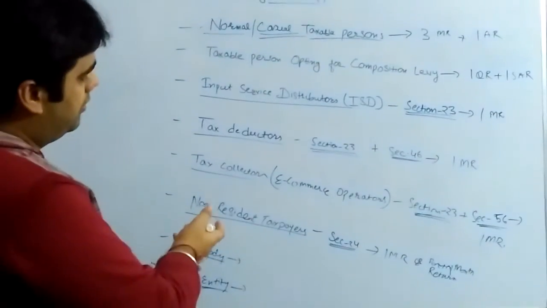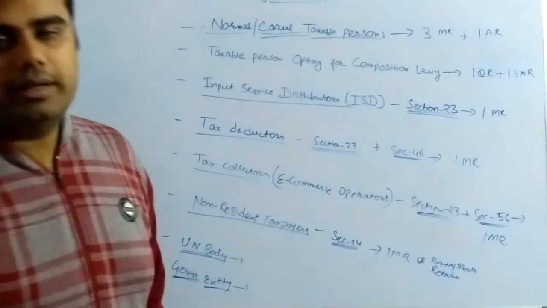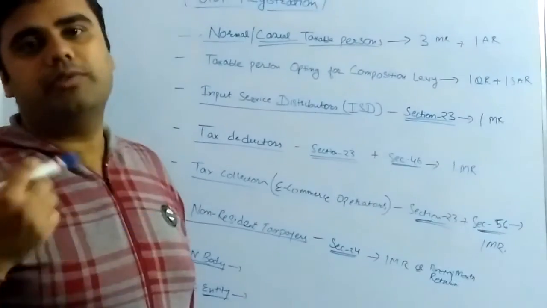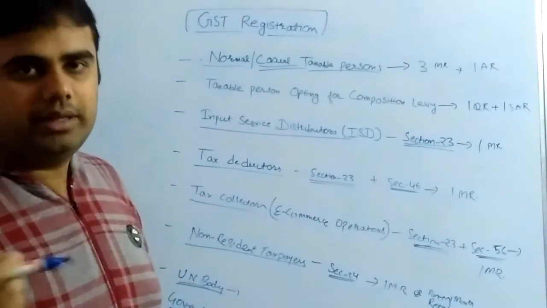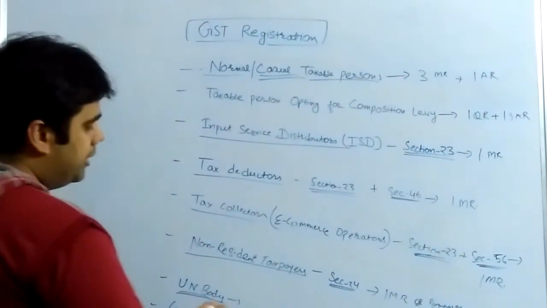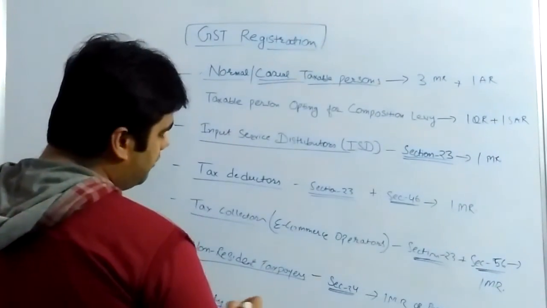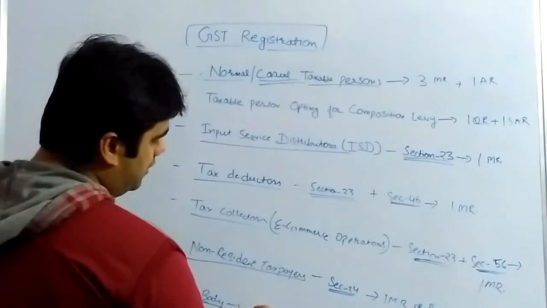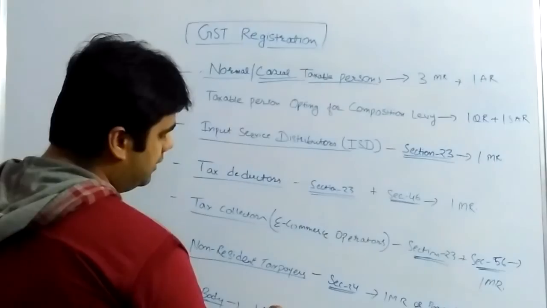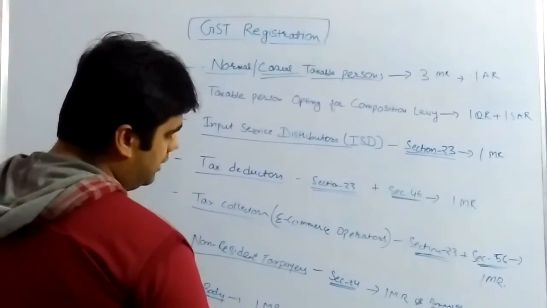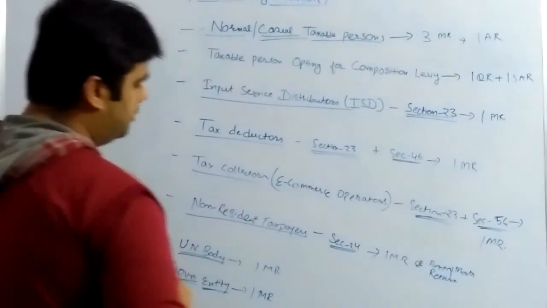Suppose they are registered for 15 days, they need to file the return for those 15 days, for whatever activities they have done in those 15 days. UN bodies have to file 1 monthly return, and government entities as well.